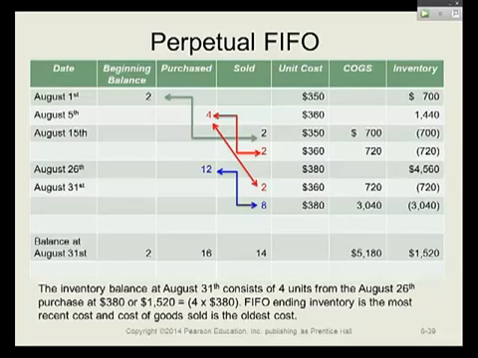The ending inventory right now, you've already exhausted the beginning inventory. These 4 units are coming out of the August 5th purchase, and the only units you have left are what? 4 units at $380, right? Because you sold 8 out of that batch. Now you notice that the ending inventory is 4 units at $380. It's your most recent cost.